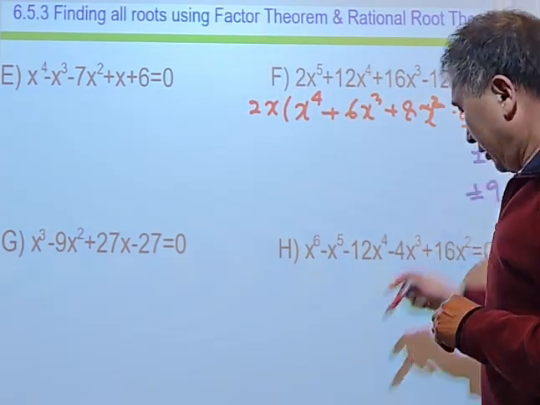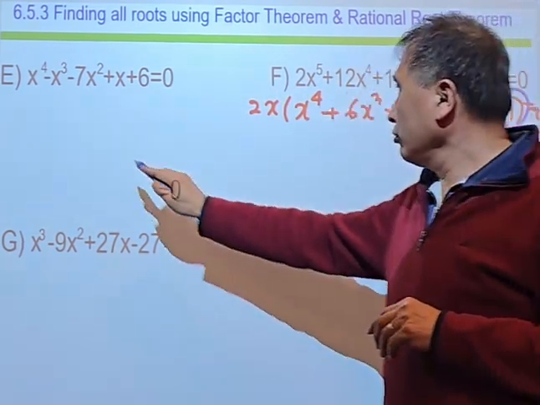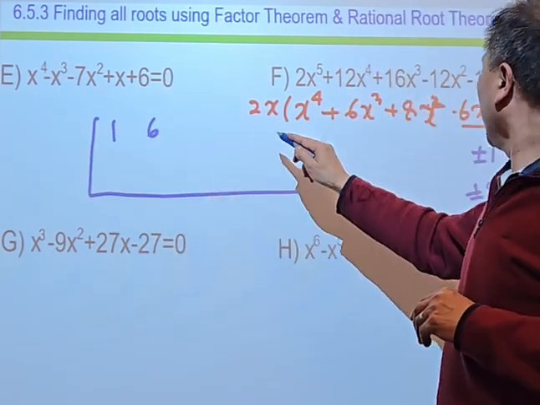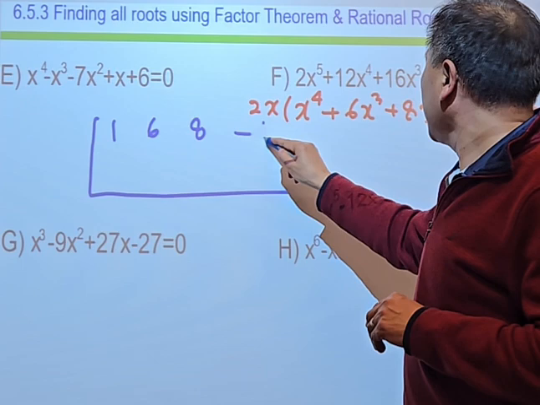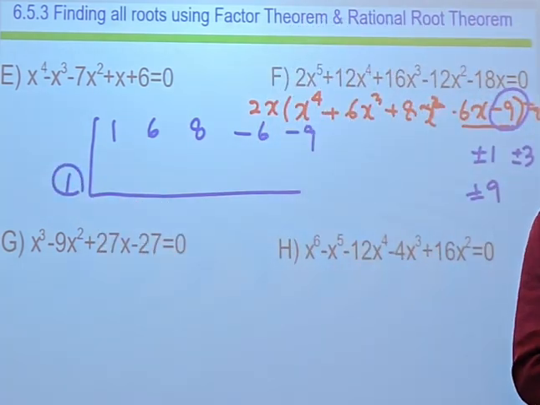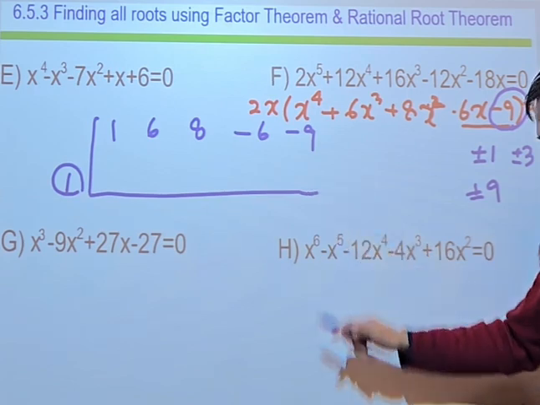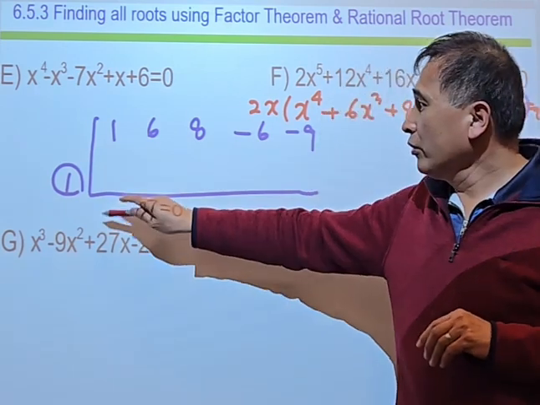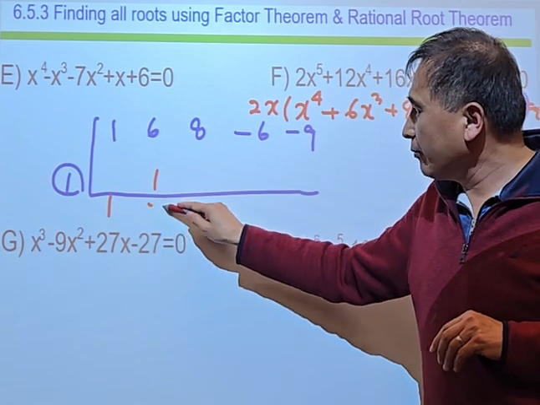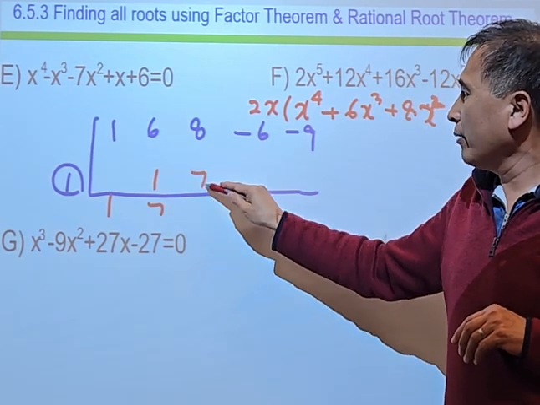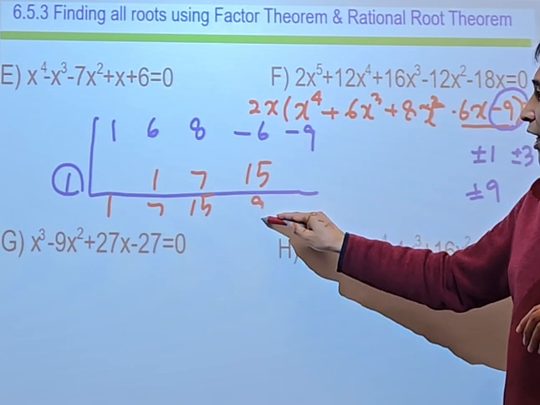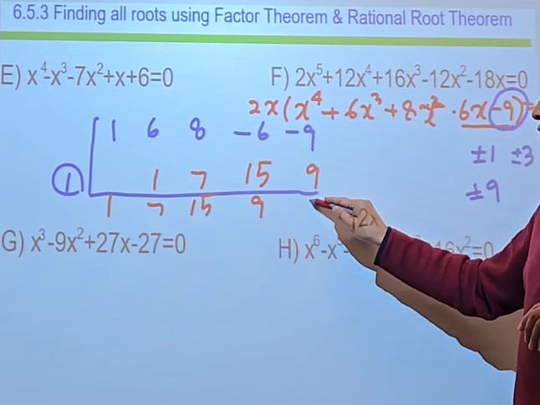find everything else. Just do synthetic division. So 1, 6, 8, minus 6, minus 9. We found 1 as a zero, right? So let's do synthetic division. One more time, going down: 1, multiplying, adding gives 7, multiplying 7 gives 15, multiplying 15 gives positive 9, and the addition becomes 0.